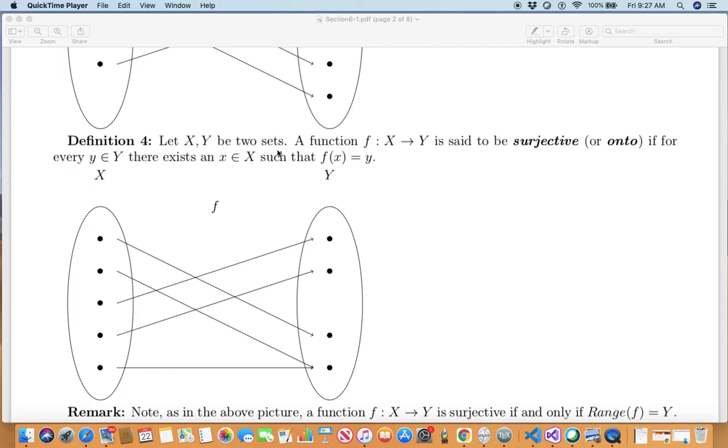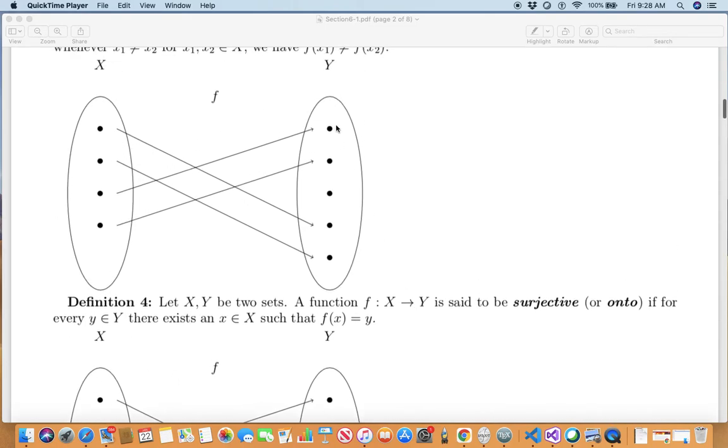Let X and Y be two sets. A function, so notice injective or surjective makes sense only if they are functions first. A function f from X to Y is said to be surjective, also called onto, if for every y there exists an x.